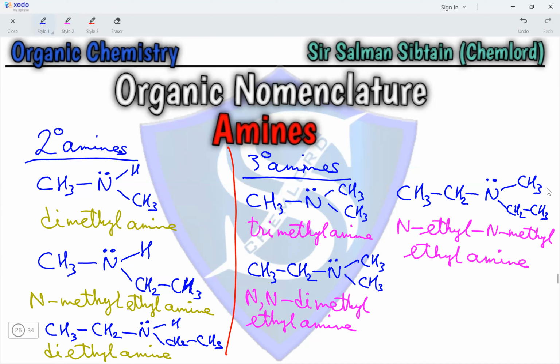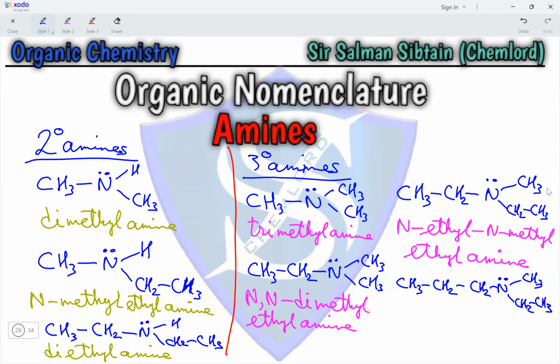Or we could have a compound in which all three R groups are different. So CH3, CH2, CH2, then we have N having a CH3 on it, and a CH2 and a CH3 on the other two positions on the nitrogen atom.